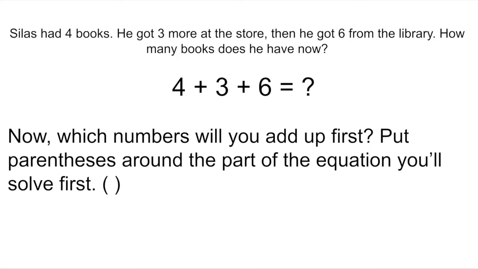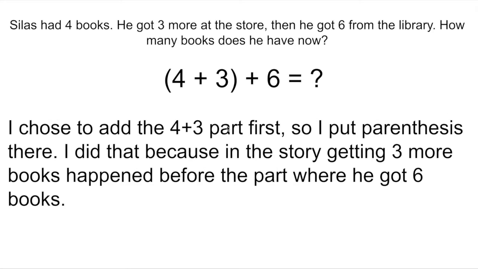Now, looking at that problem, which numbers will you add up first? You're going to put parentheses, that's these symbols right here, around the part of the equation that you'll solve first. I put the parentheses around 4 plus 3.